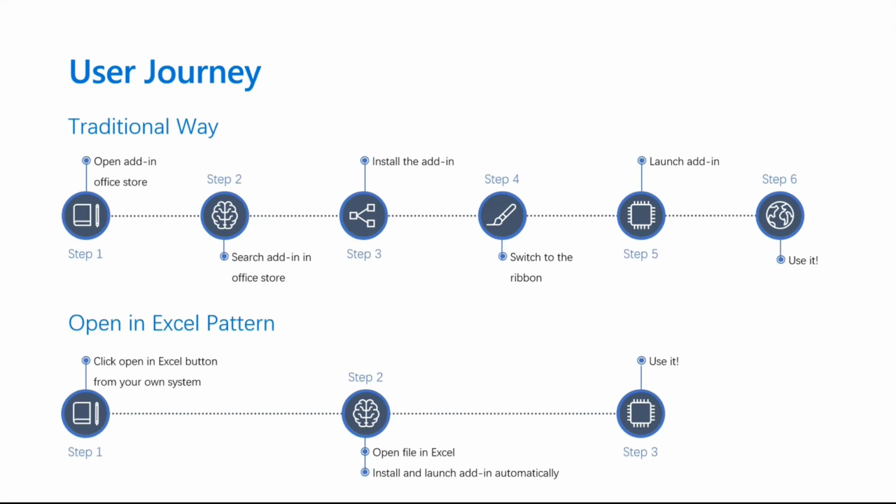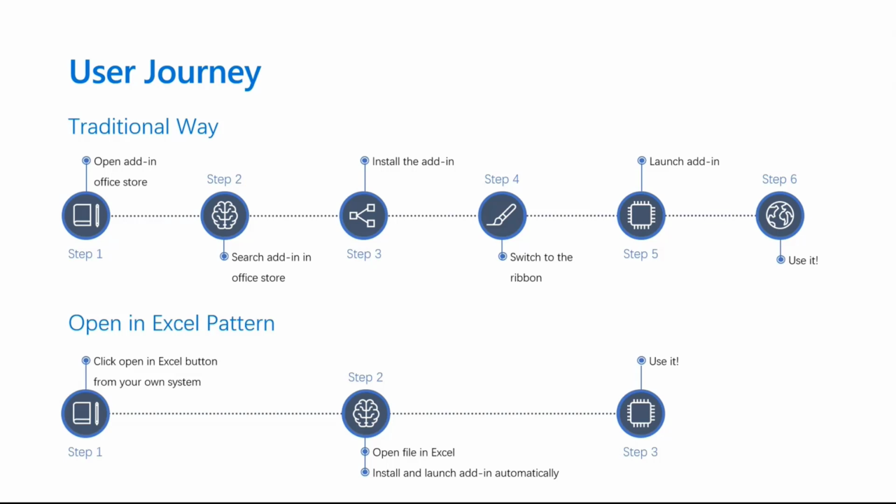In the traditional way, if a user wants to use an Excel add-in, at first they have to find and open the Office store, search for add-ins, and install it. Switch to the ribbon, launch the add-in, and then they can use it. But in this Open Excel pattern, the user starts with your own system.